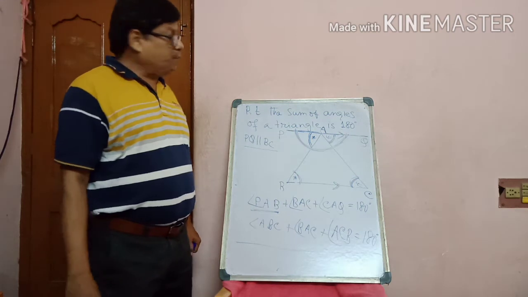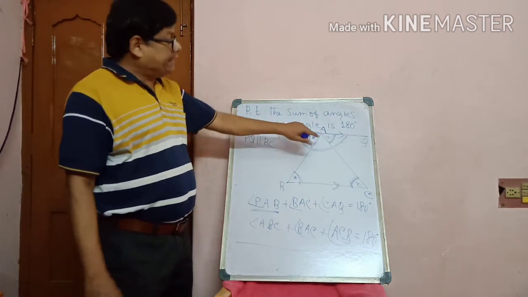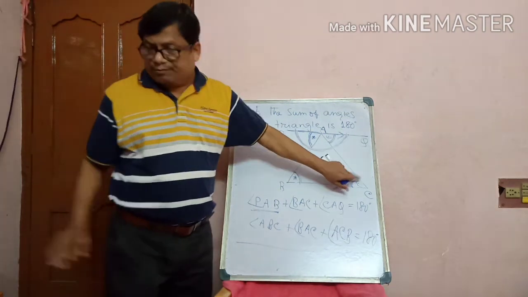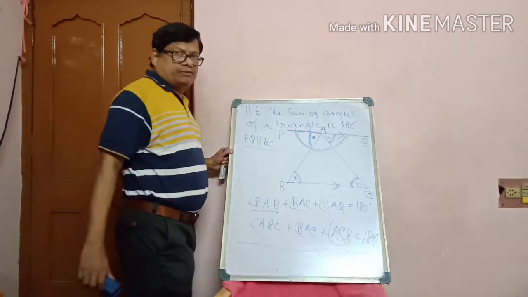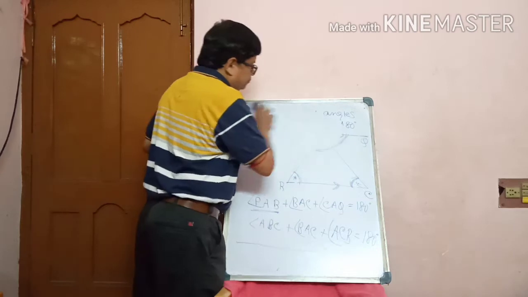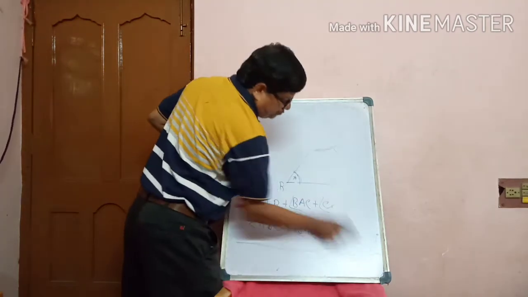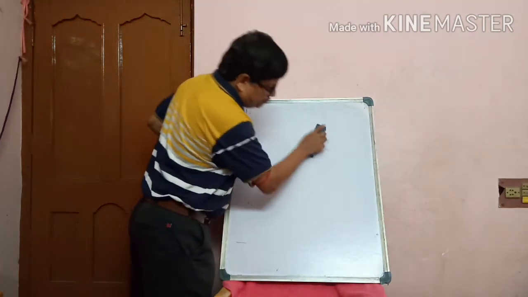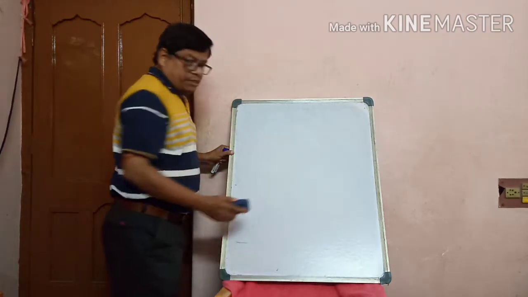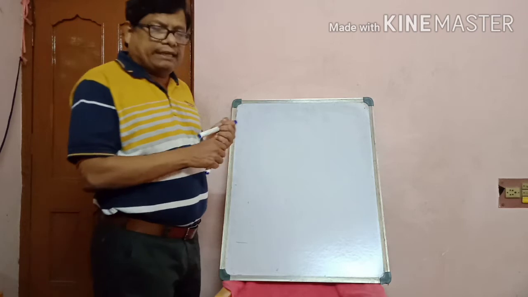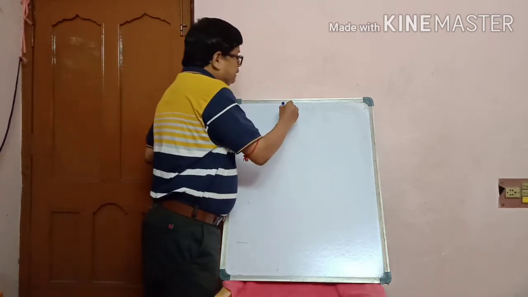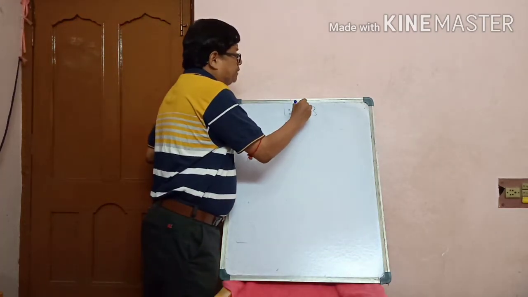Yes. Suppose the ratio is given. So angle A, angle B, angle C. One example I am giving, one application. Okay, look here. Written, all of you understood? Suppose in a triangle, the ratio of the angles 1:2:3 is given.